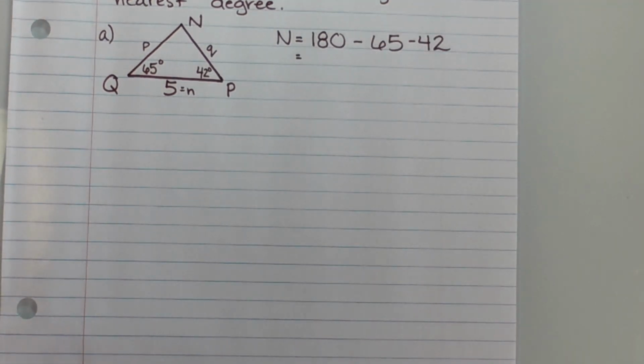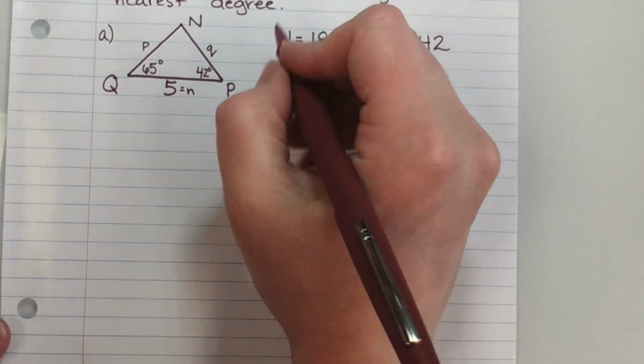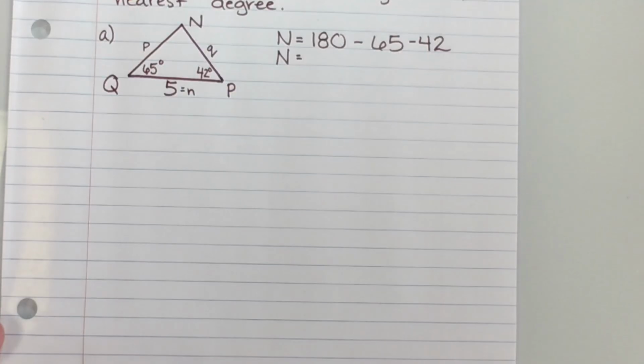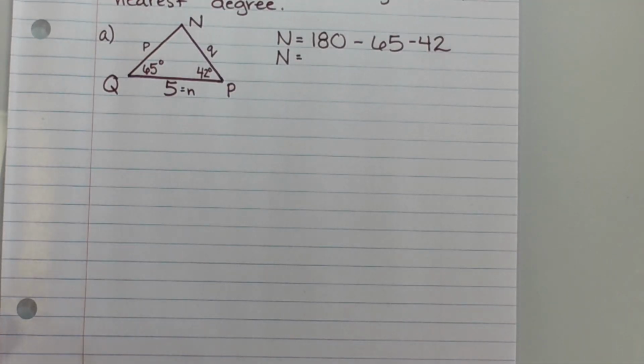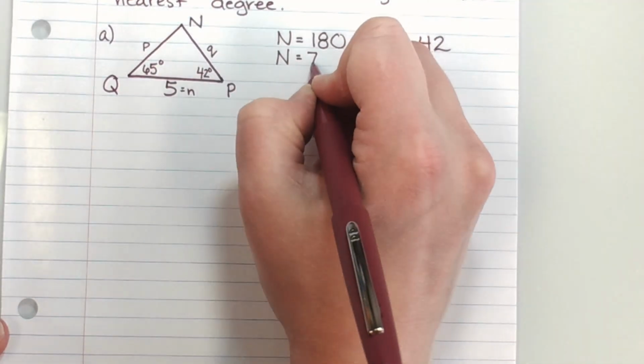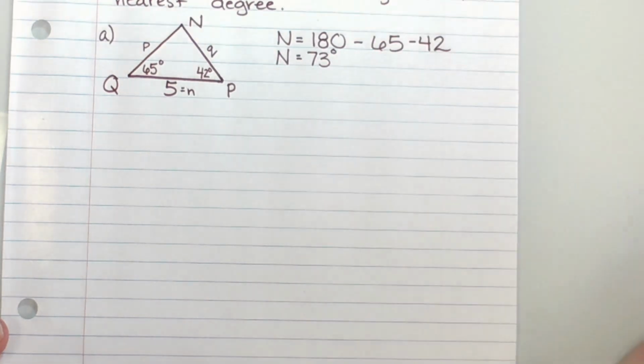Okay, 180 minus 65 minus 42. N is 73 degrees. Now, again, with degrees, do not forget the degree symbol.